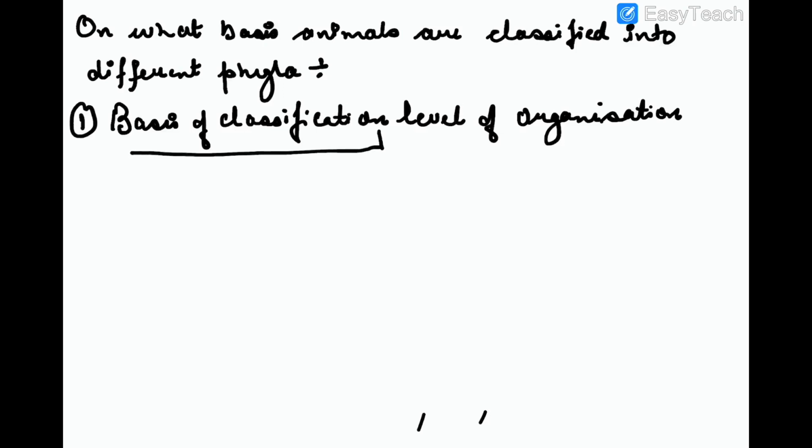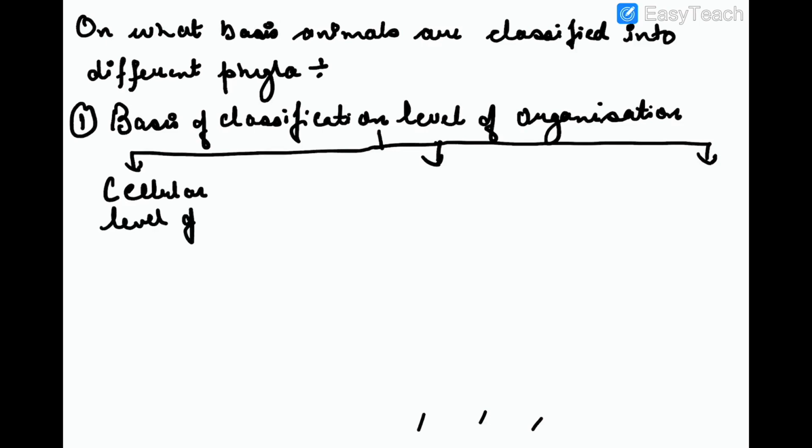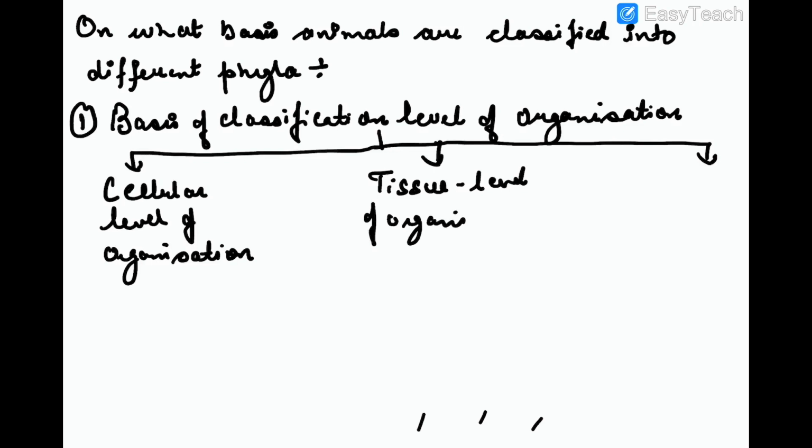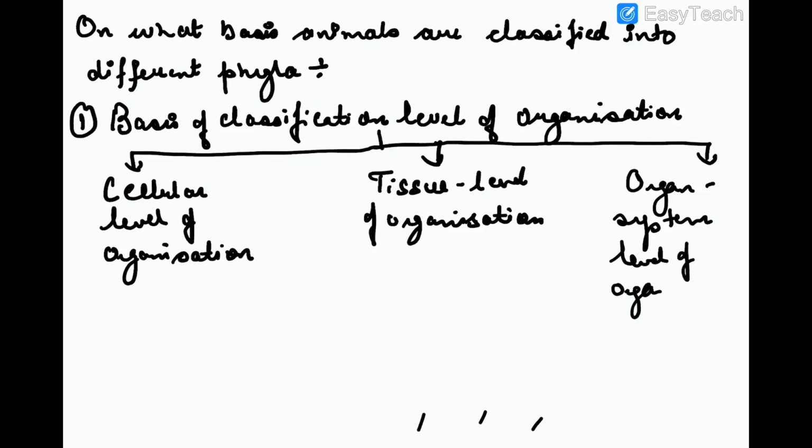There are 3 levels of organization: cellular level of organization, tissue level of organization, and organ system level of organization.